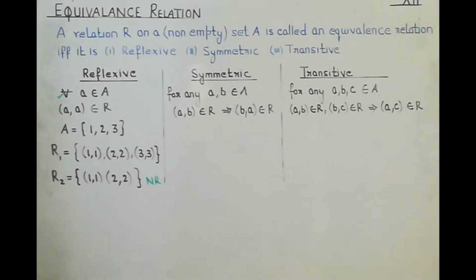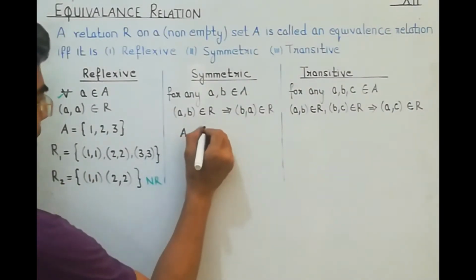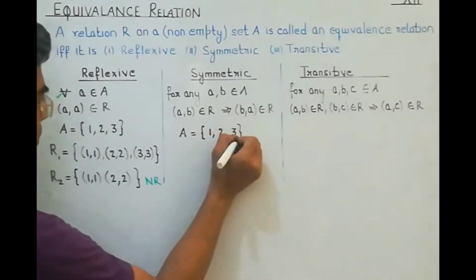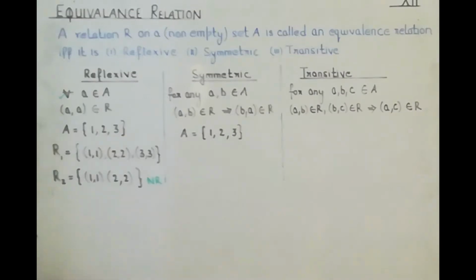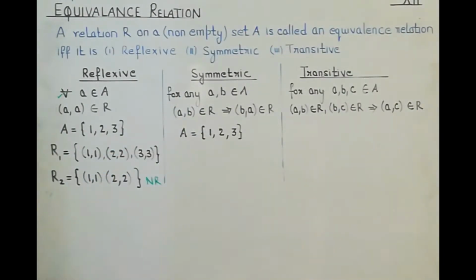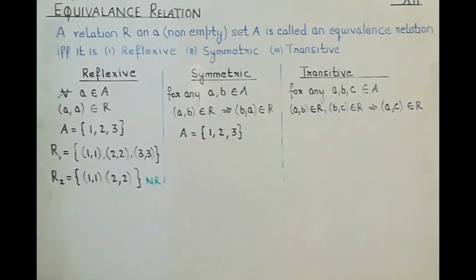Now let us consider the case of symmetric. Set A has the elements 1, 2, 3. As the definition says, for any two elements, it is not necessary that this relation be satisfied by all the elements.